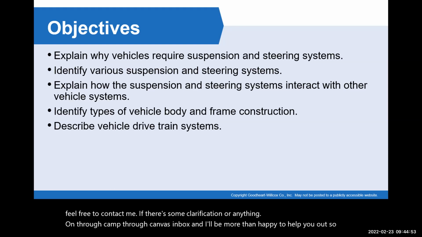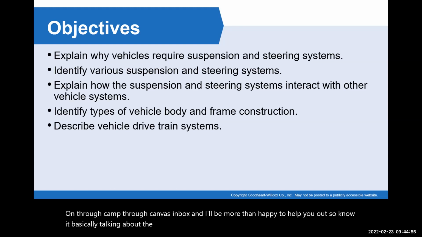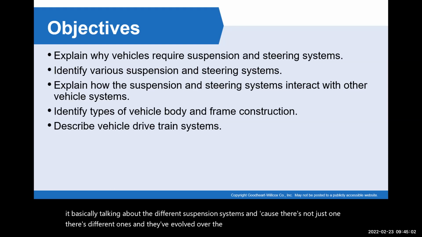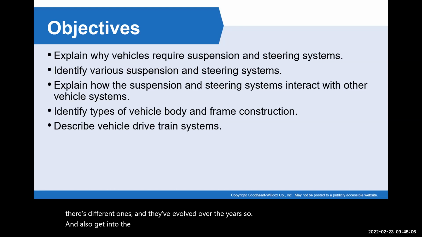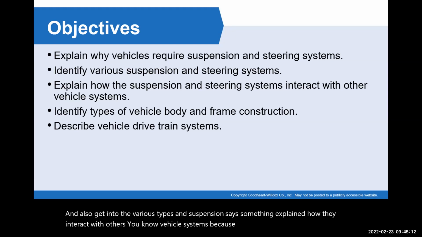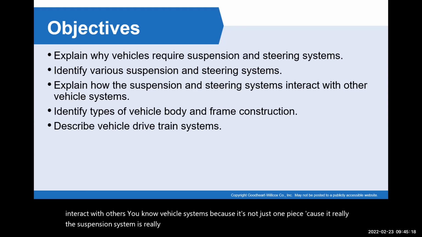Basically they're talking about the different suspension systems, because there's not just one, there's different ones, and they've evolved over the years. We'll also get into the various types of suspension systems and explain how they interact with other vehicle systems, because it's not just one piece. The suspension system is really part of the braking system too.